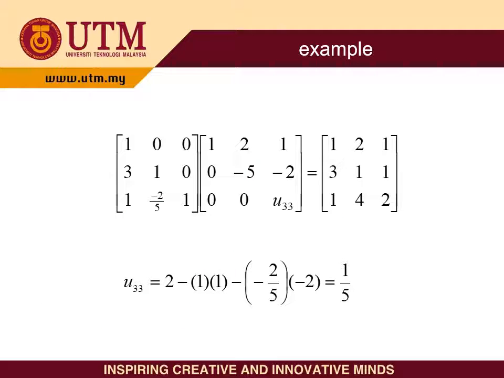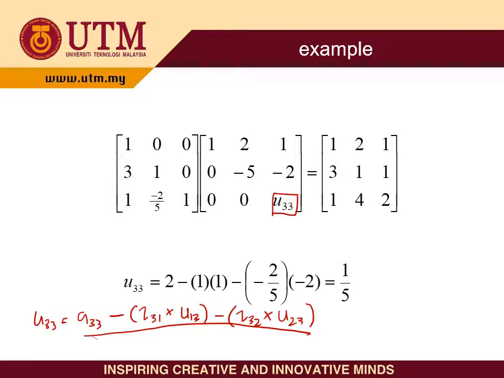The last part we need to find is U33. For U33, the equation will be A33 minus L31 multiplied by U13, minus L32 multiplied by U23, and then we divide by L33.